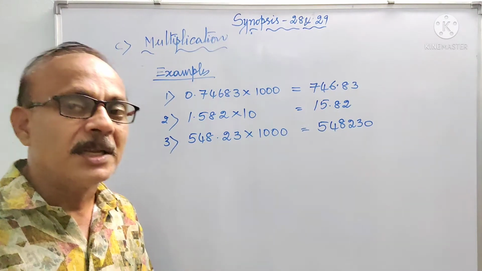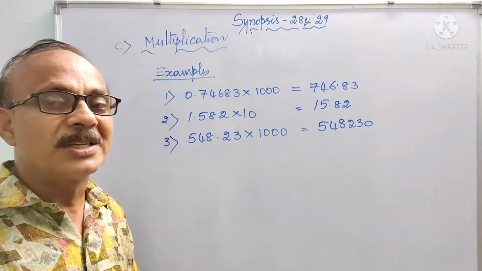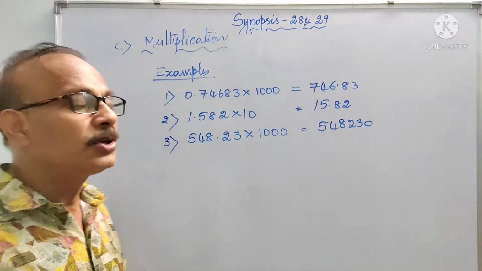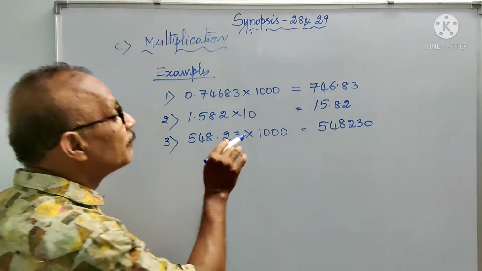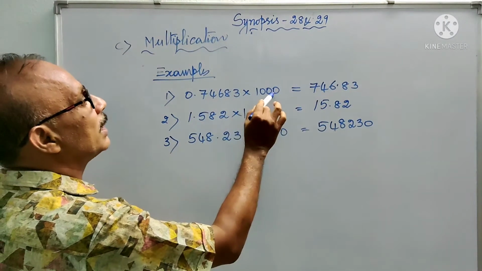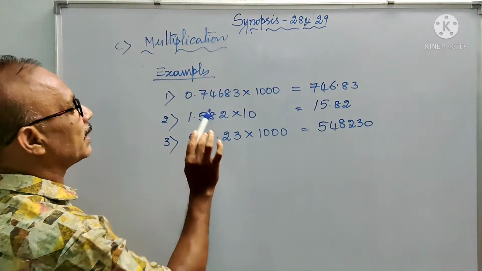In such cases, what happens? The decimal point moves towards right as many digits as the number of zeros in the number with which you are multiplying. In the first number, we are multiplying with 1000, 3 zeros are there, so the decimal point moved right side by 3 places.